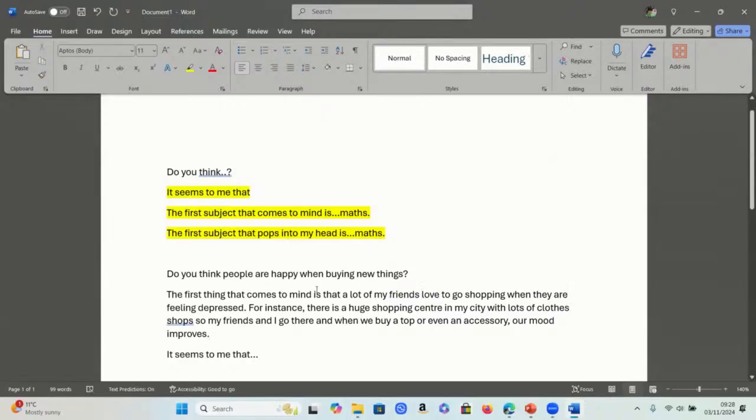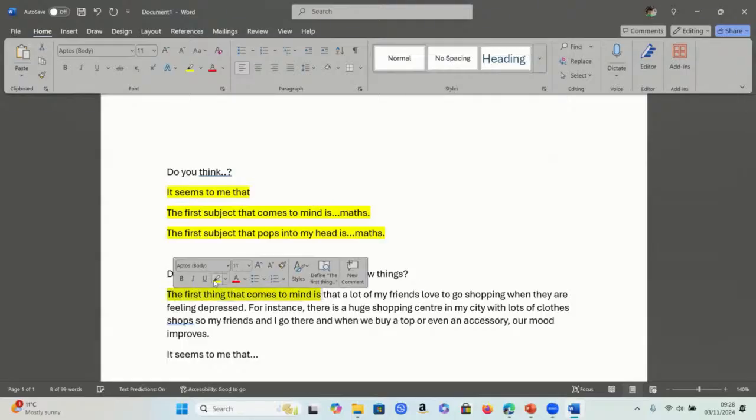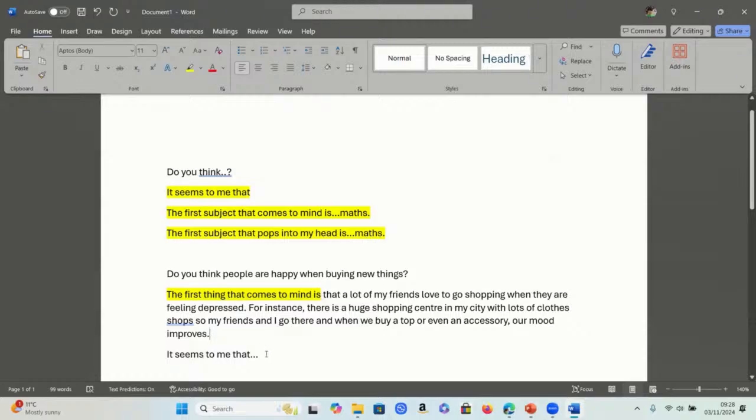You could, but the main thing is this sentence frame. When you say, do you think? Or you could say, it seems to me that a lot of my friends love to go shopping when they are depressed. Now, instead of saying that, you could say what I mentioned earlier: are inclined to go shopping when they're feeling depressed.